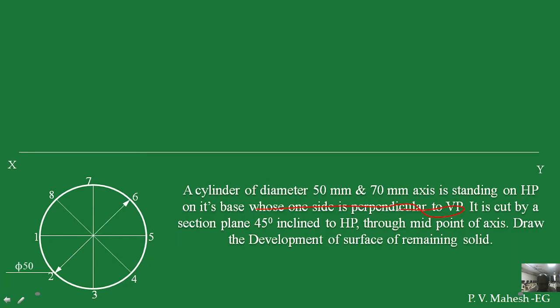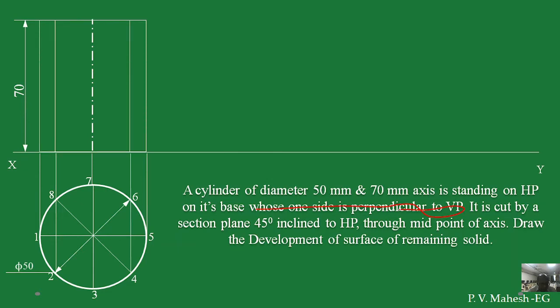For visualization purpose I have given only 1 here. So draw the projections of 1 2 3 4 5 6 7 8 onto xy and extend the axis, and the axis length is 70 mm given in the question, and this is the front view of the cylinder.